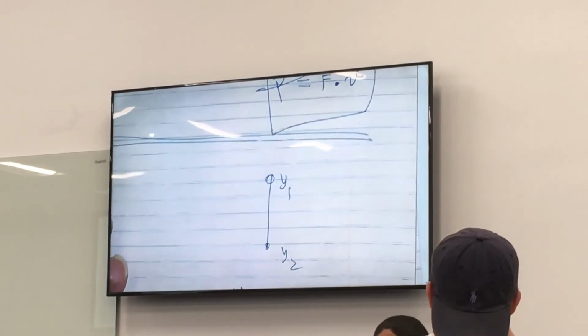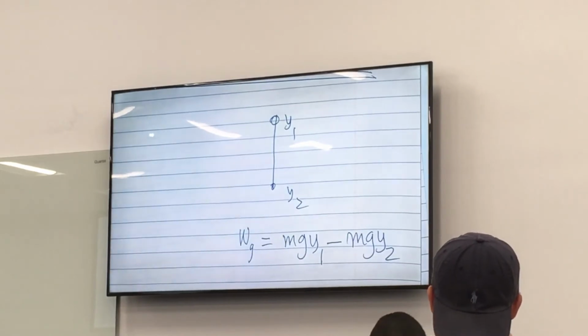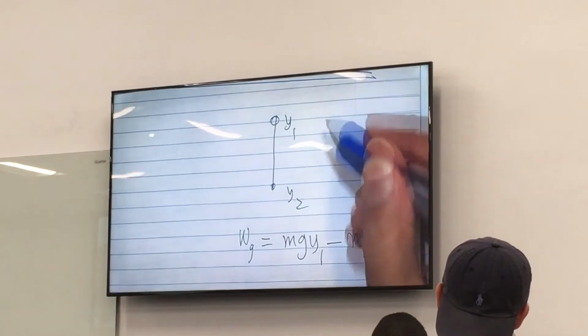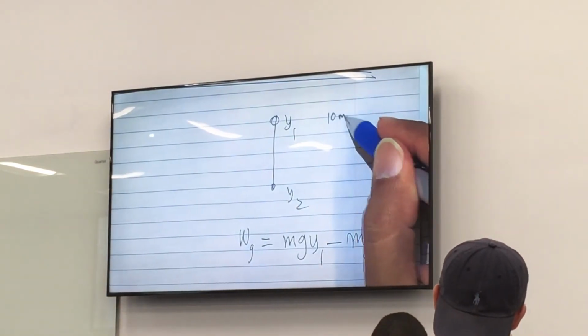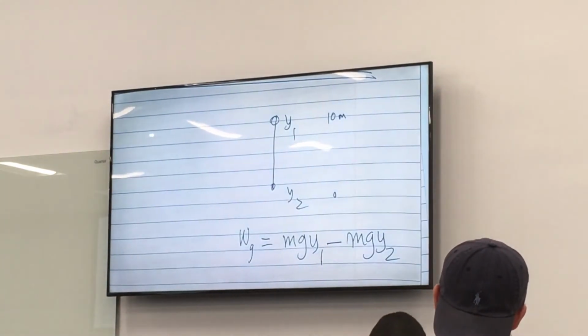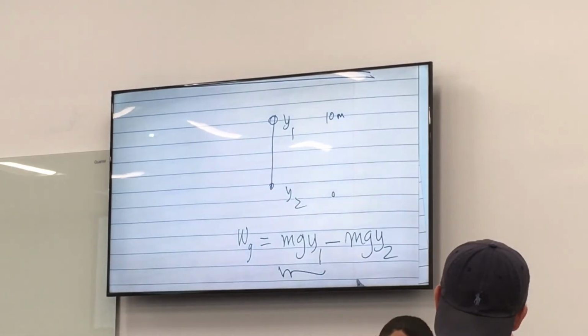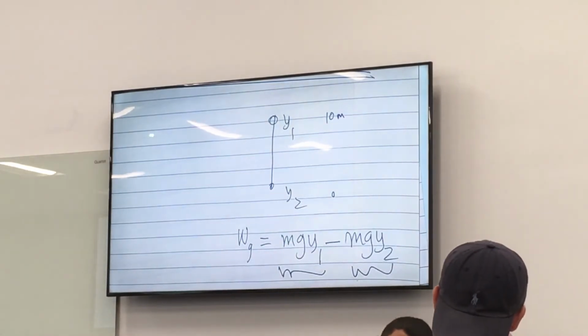These are coordinates, okay? Let's say y1 is 10 meters and y2 is 0 because it's falling. So 0 minus 10 gives you minus 10, and work done by gravity has to be positive. So this is the bigger number, this is the smaller number, and that's why you have to write y1 minus y2, not y2 minus y1, to keep it positive, okay?